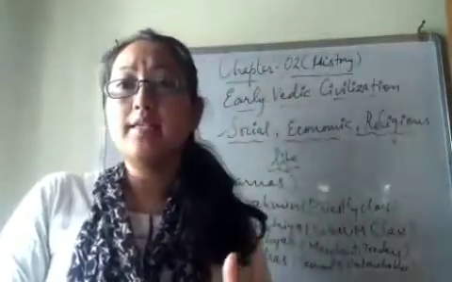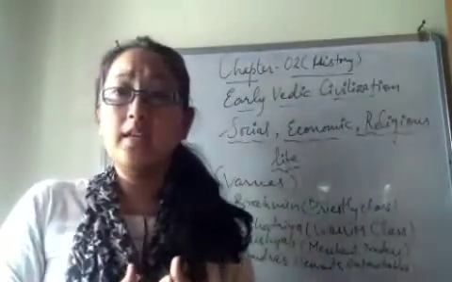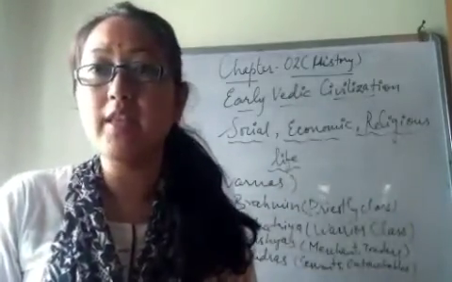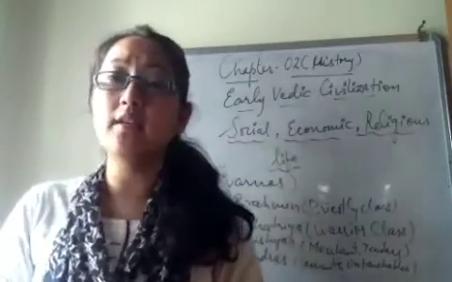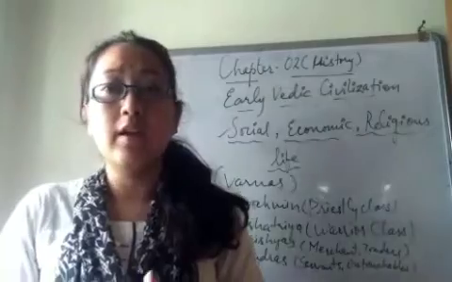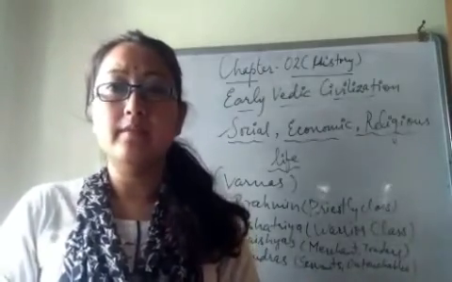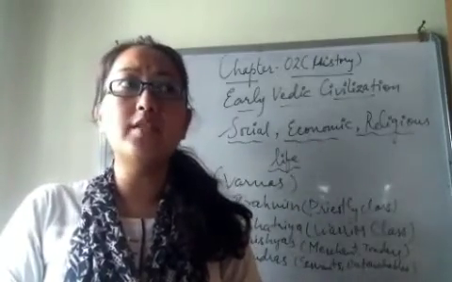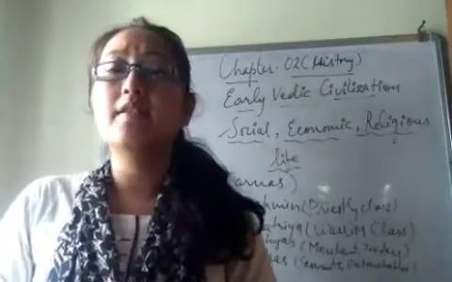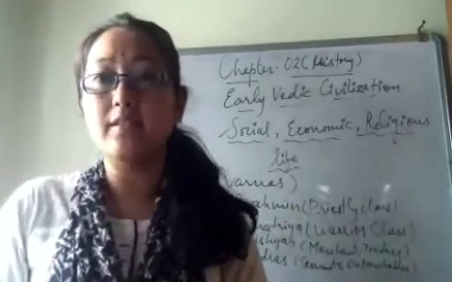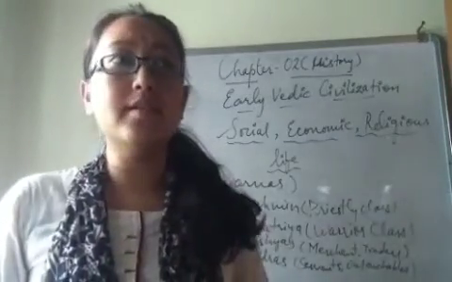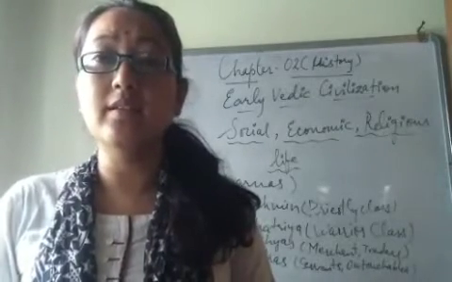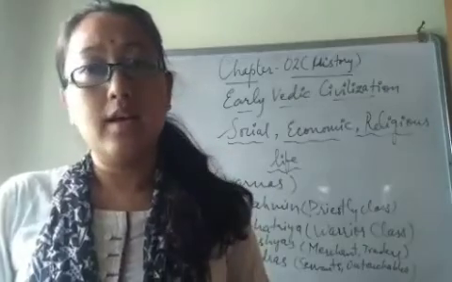So from this we can say that the political life of the Rig Vedic period was like the political life of today, right? And we can say that a dictatorial system was not there. Dictatorial system means a system of one man rule, so that is not seen in the Rig Vedic period.